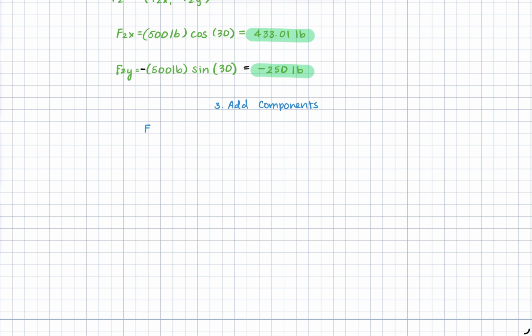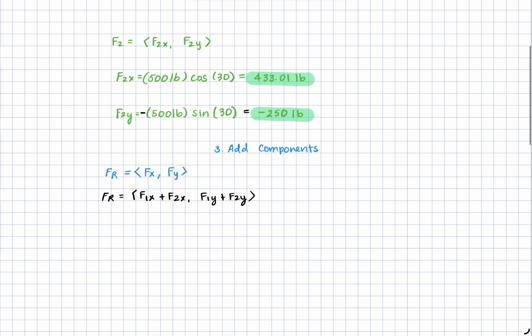So Fx, comma Fy. This is going to be what our resultant force vector looks like. And to obtain that, all we're going to do is add FR equals F1x plus F2x, comma F1y plus F2y.